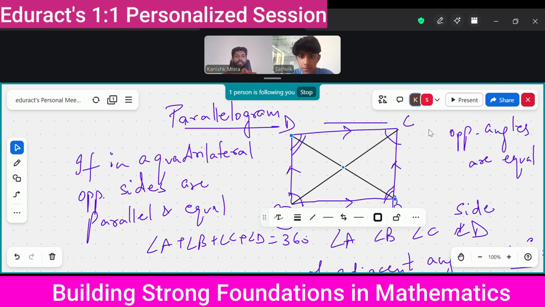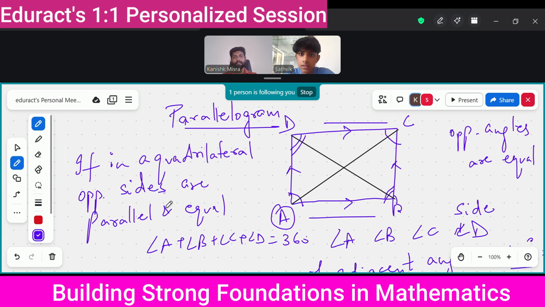Similarly, BD is the diagonal. So the property of a parallelogram is also that the diagonals intersect each other. Let's say the diagonals are intersecting at point O. So the diagonals are intersecting each other.